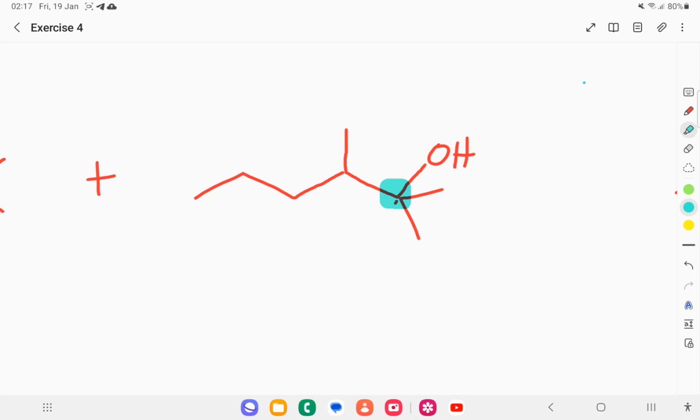This is the alpha carbon, this is beta carbon, beta 2, and then expand the structure of the hydrogens. We are going to remove this hydrogen and this hydrogen and the hydroxy group OH as water, and then the double bond will form here in the middle. So this is the second product.